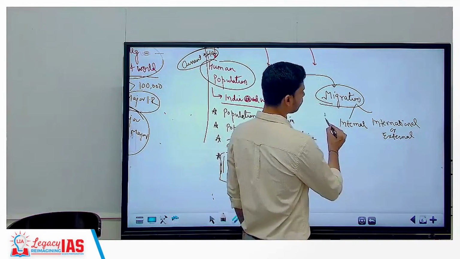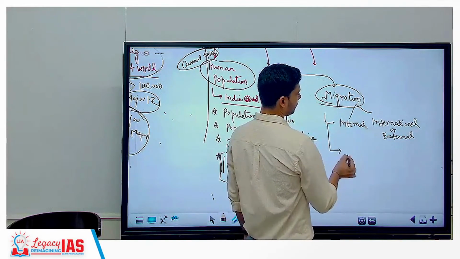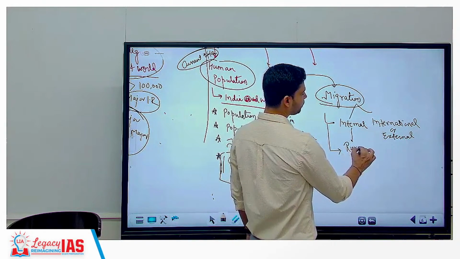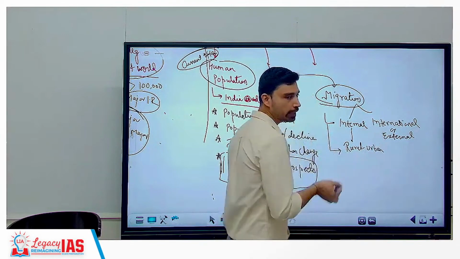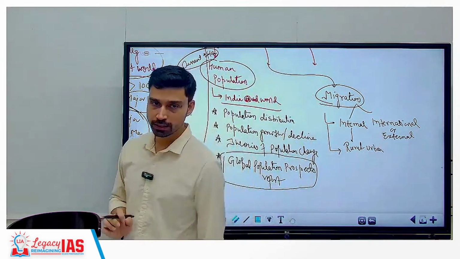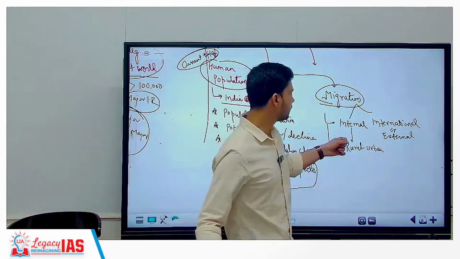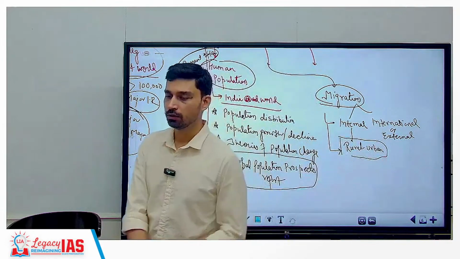We will study in detail about that. Then internal migration, we talk about India. Basically, if I ask you, migration is happening between which areas? Either we have rural areas in India or we have the urban areas in India. So rural to urban is the major stream of migration.